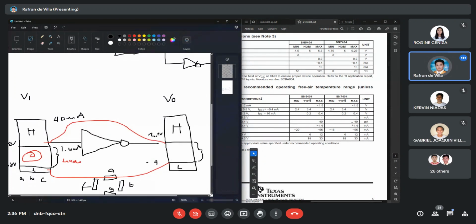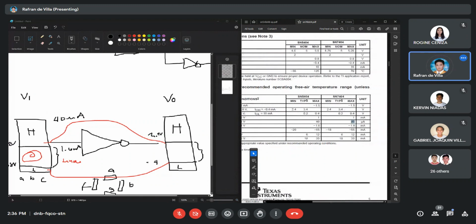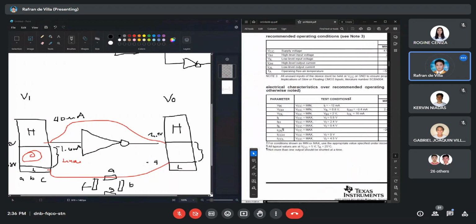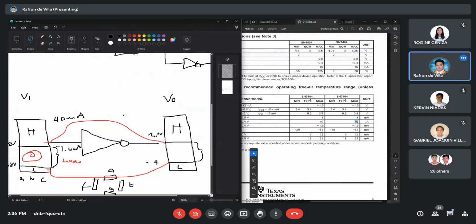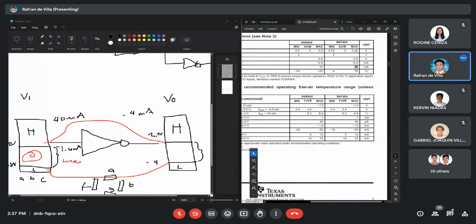So negative. Kung magtan-aw ta diri sa ato ang output current, okay, ang output high is rated at 0.4 milliamps. Ug ang output current low is rated at 16 milliamps. Okay?